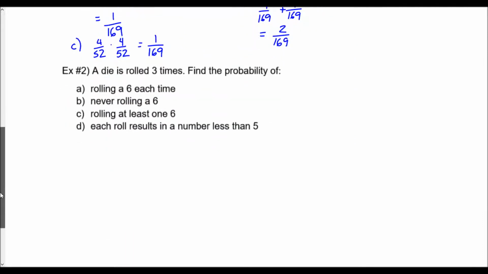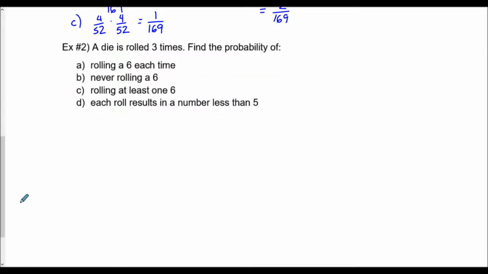And next question. A die is rolled 3 times. Find the probability of rolling a 6 each time. So what's our probability of the first one rolling a 6? There's 1 out of every 6 chances that we'd have a 6.